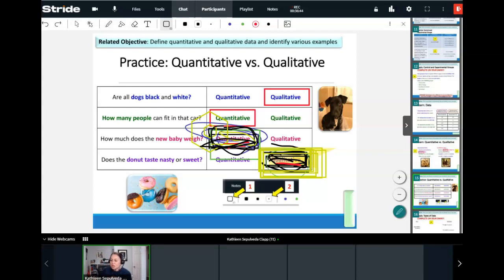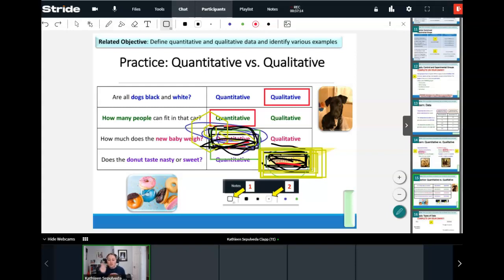When we look at our project and we're going to decipher what kind of data I have, so if the data I'm collecting is how far my airplane goes, what kind of data is that? Is that quantitative or qualitative? If I'm collecting the data of how far my airplane goes and I'm writing down numbers, I'm going to be collecting quantitative data, because I have numbers, right?